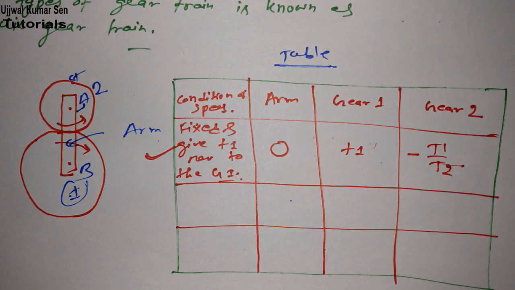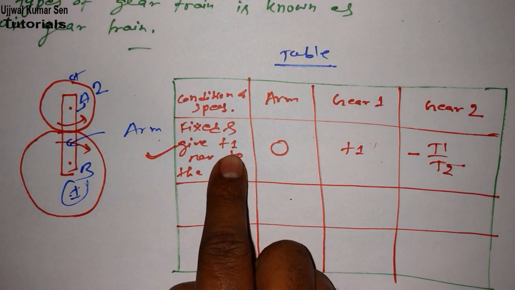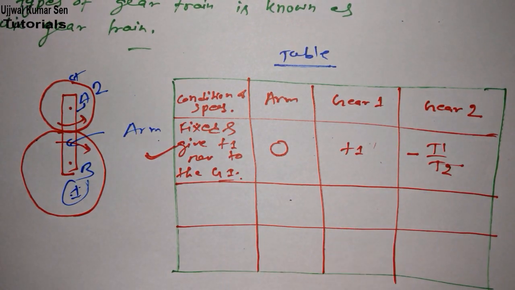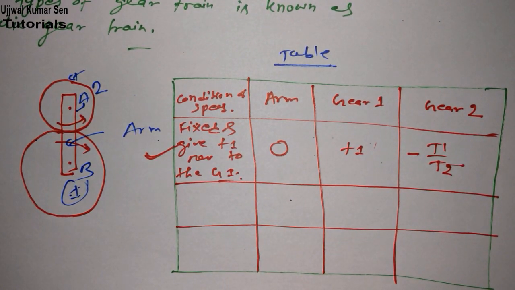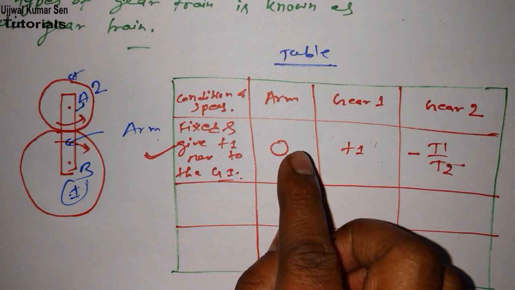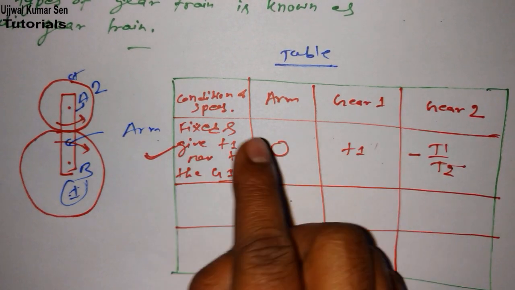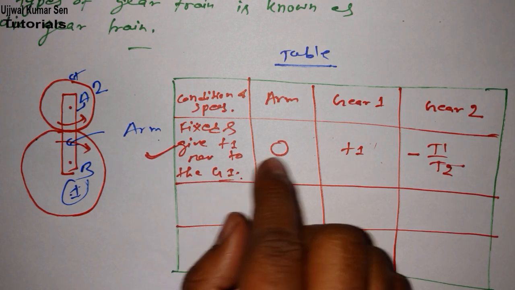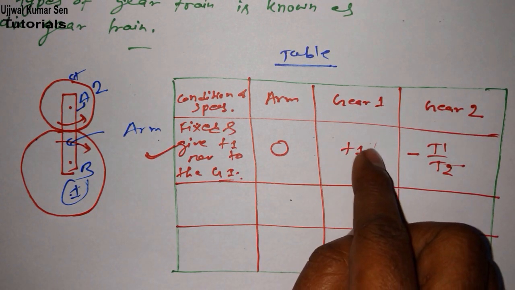Okay, I am telling you again, just understand what exactly I am doing here. I am fixing the arm. If I fix anything, is there any probability of moving? If I say this is fixed, it means it is fixed, so there would not be any movement. That means the arm speed would be 0. In this condition I am giving +1 revolution to gear 1.